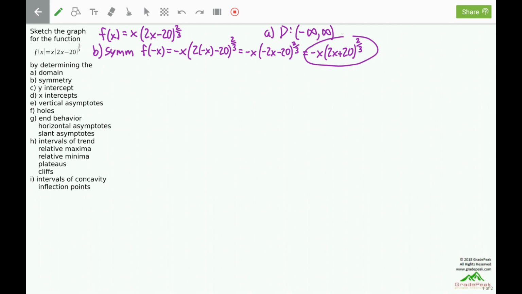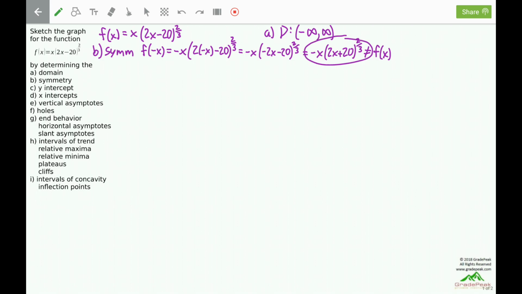Comparing this result to the original, it is definitely not the same as the original. So f of negative x does not equal f of x, and it will not have y-axis or even symmetry.